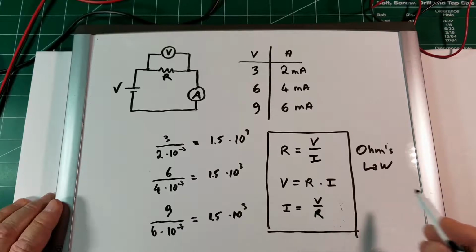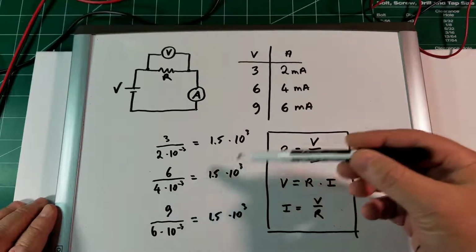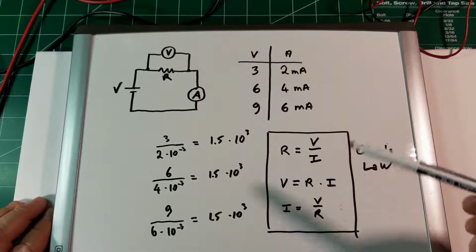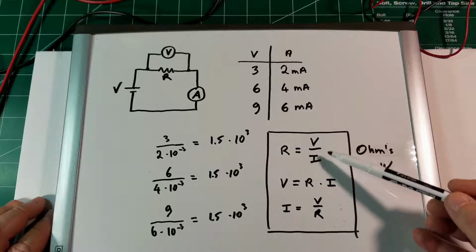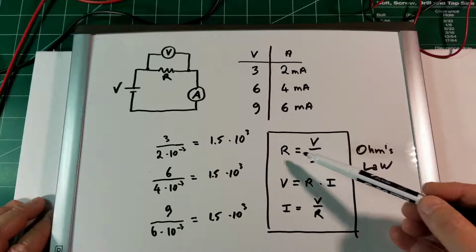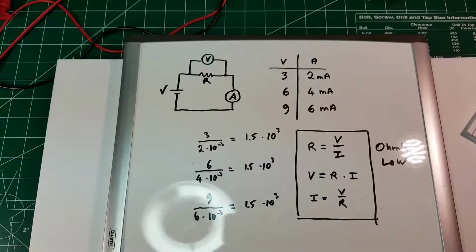Georg Ohm was a mathematician. He found exactly this same information, that voltage and current are directly proportional, and the constant of proportionality is this R, which he called resistance.